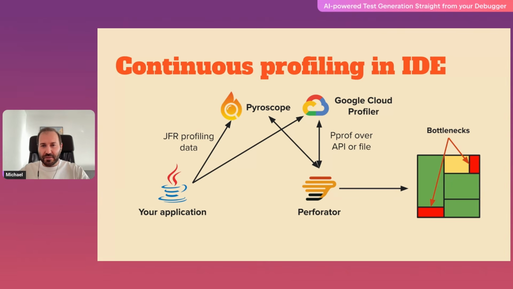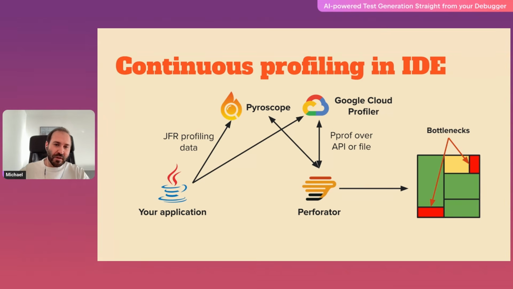I also added integration for Google Cloud Profiler. It's the same concept as Grafana Pyroscope. The only difference is that Google Cloud Profiler provides an API, but it seems like it doesn't work in terms of retrieving the CPU data and memory data. It gives some general information, but I wasn't able to extract the performance data from there. So I built a smaller version where you can download the profiling information and upload it in the IDE.